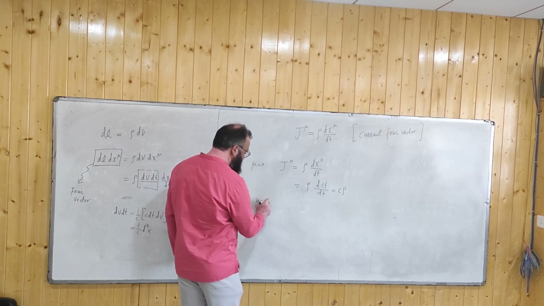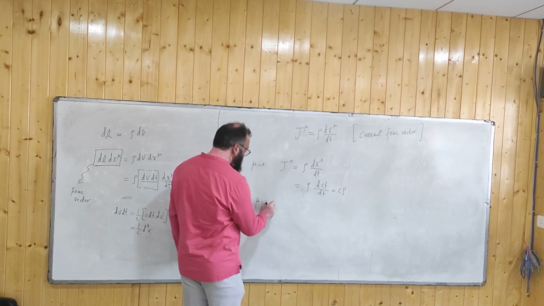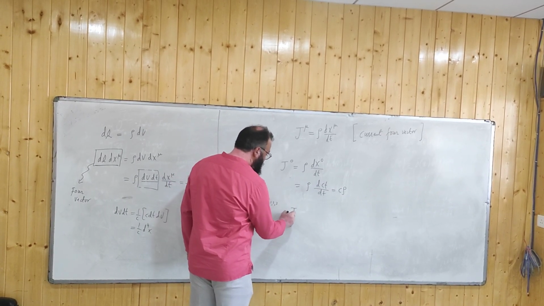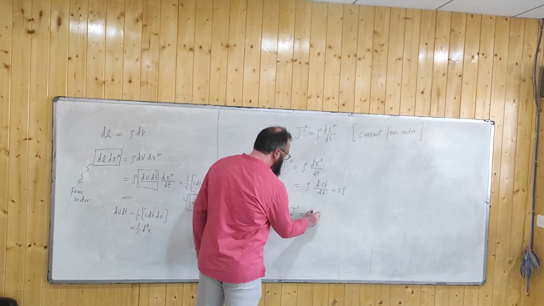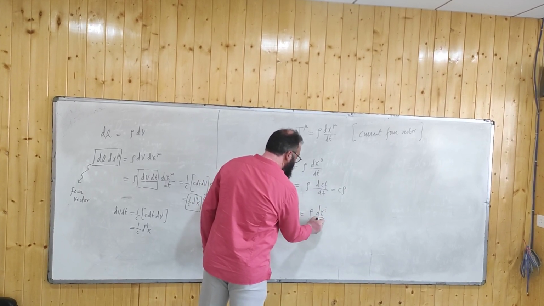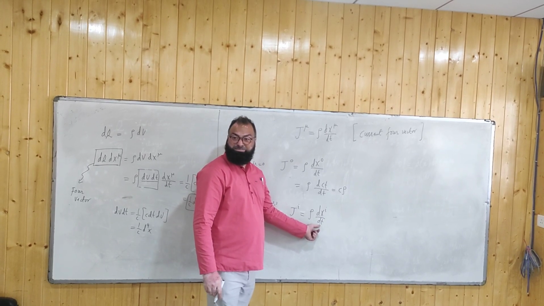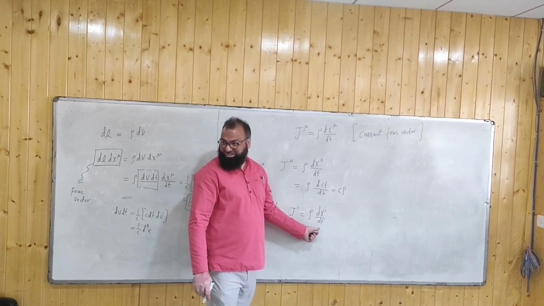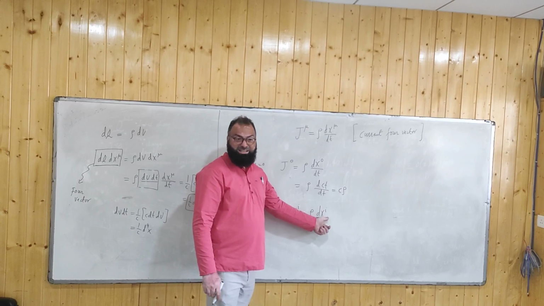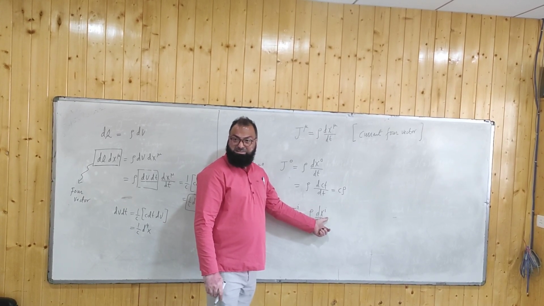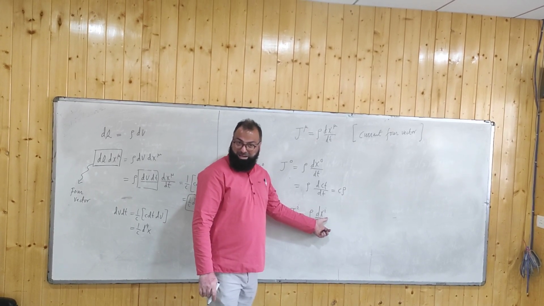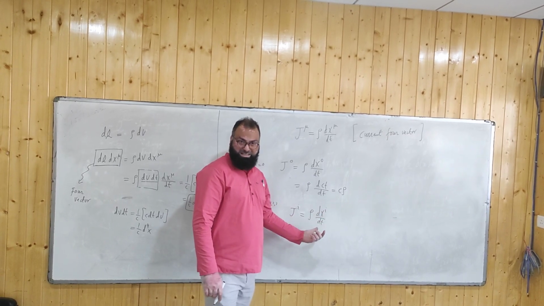Let's take mu equal to i, going from 1, 2, 3. So it is ji. What does it give me? Rho dxi by dt. What is dxi by dt? It's velocity, because this is a 3 vector. dx by dt is vx, dy by dt is vy, dz by dt is vz.